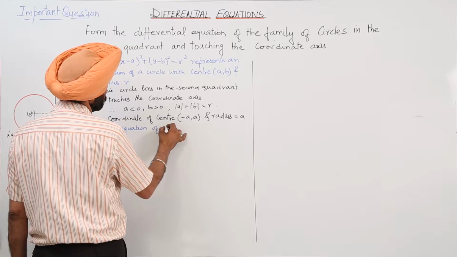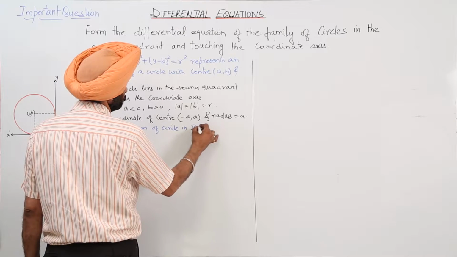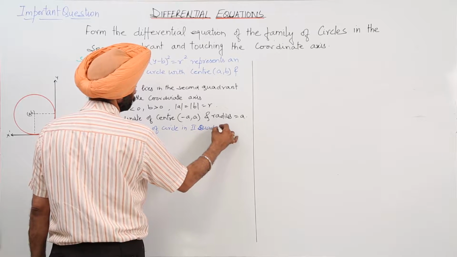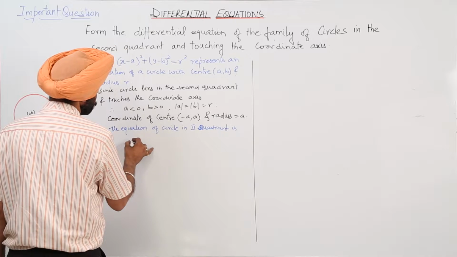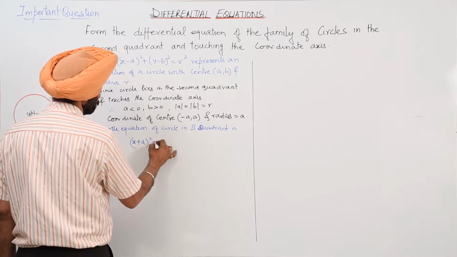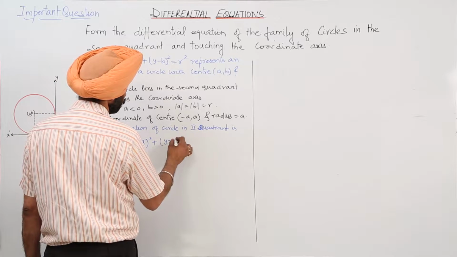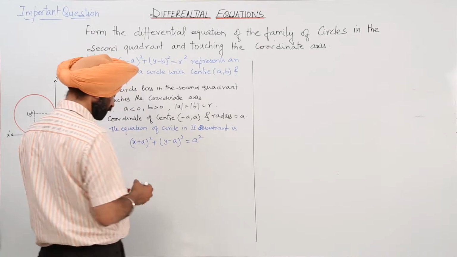The equation of circle in second quadrant is (x plus a) whole square plus (y minus a) whole square is equal to a square.